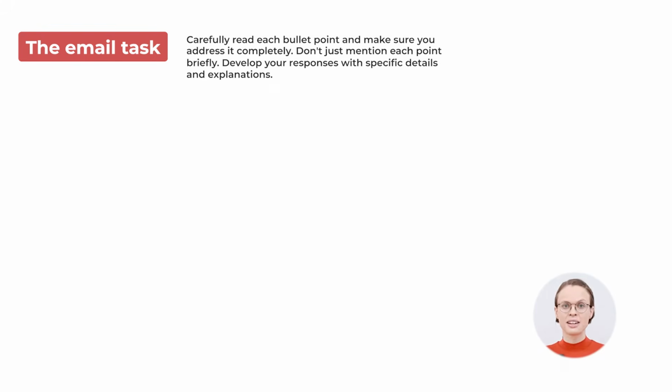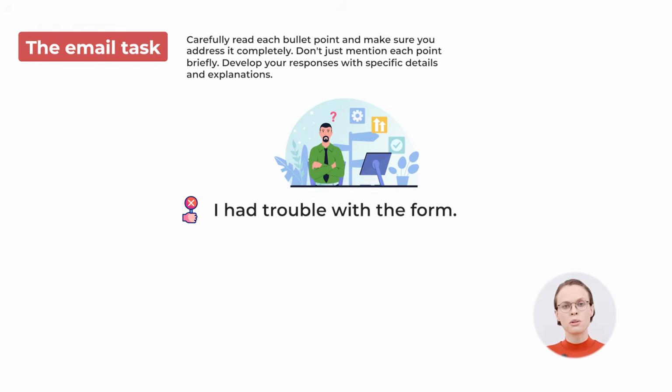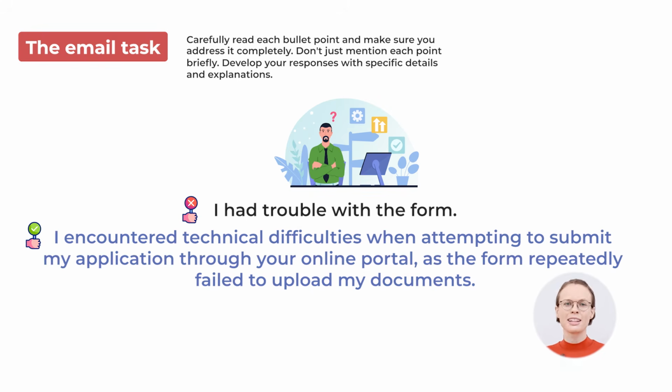For example, if you are asked to describe a problem you experienced, don't simply write, "I had trouble with the form." Instead, elaborate. "I encountered technical difficulties when attempting to submit my application through your online portal, as the form repeatedly failed to upload my documents."